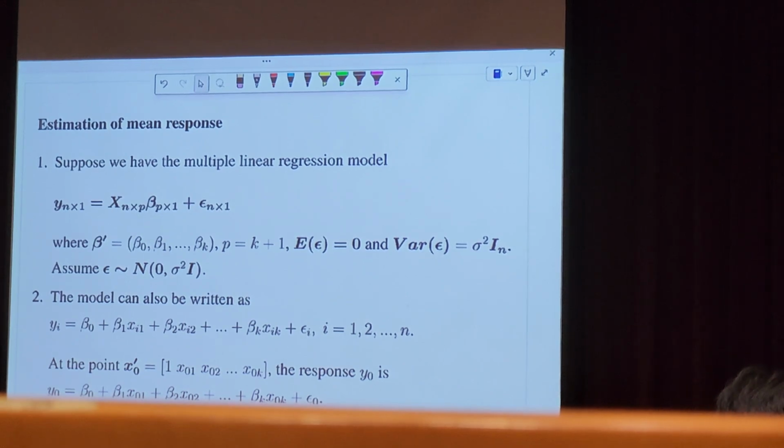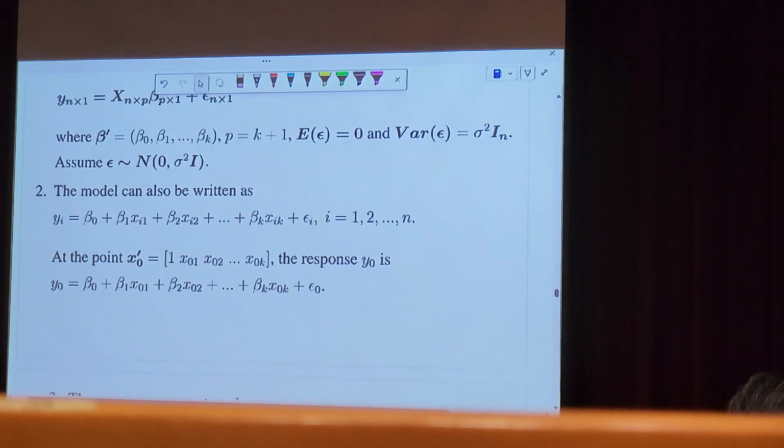So point 1, according to my note, we have this model and the usual assumption. And point 2, I have written it not in the matrix notation now, but in terms of the usual equation.